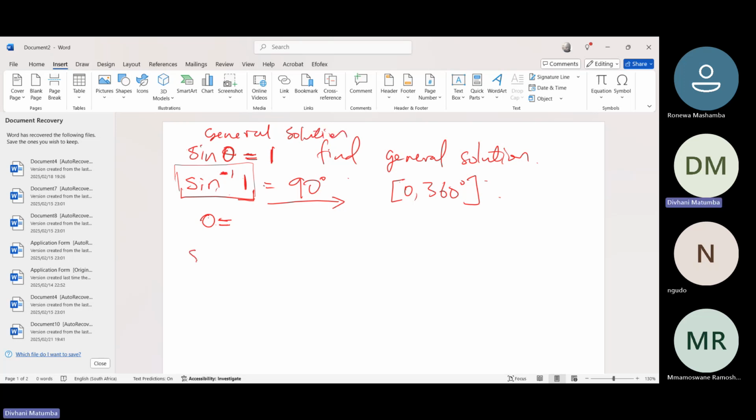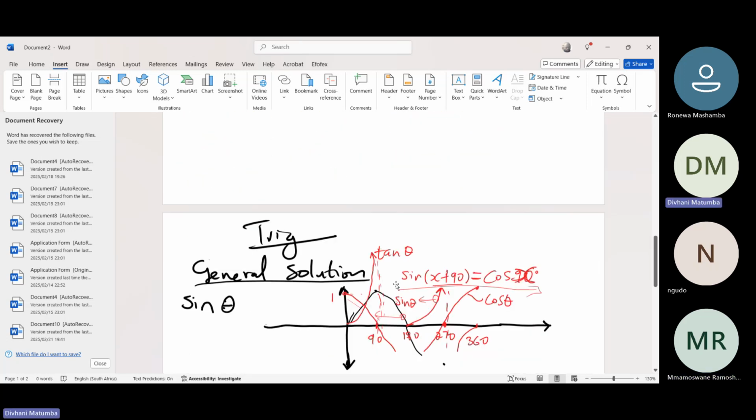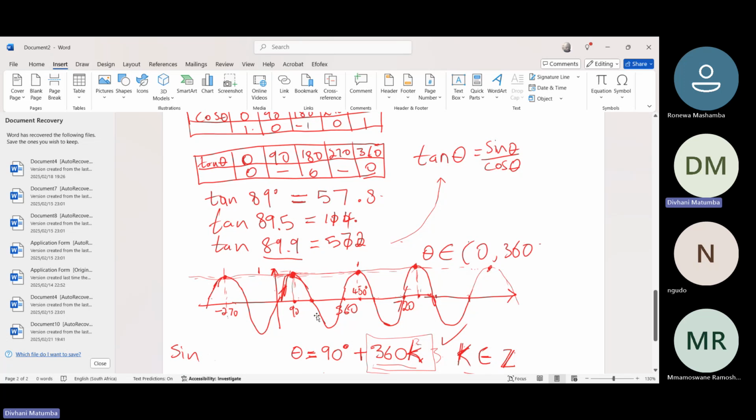The sine of 30 degrees is equals to 0.5. Okay, that's perfect.